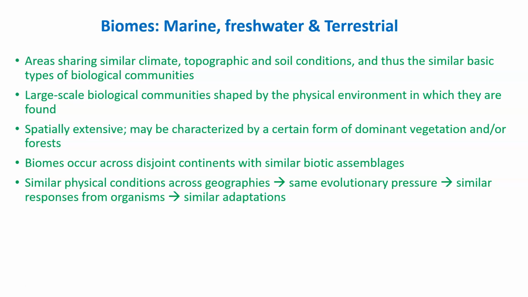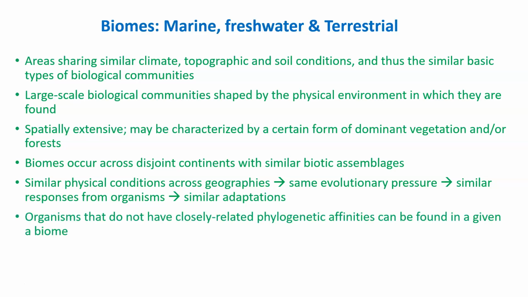As a result, different species may show the same or similar adaptations when they inhabit a particular biome. In other words, different organisms with different phylogenetic histories, if they are living in the same biome, will show similar adaptations.